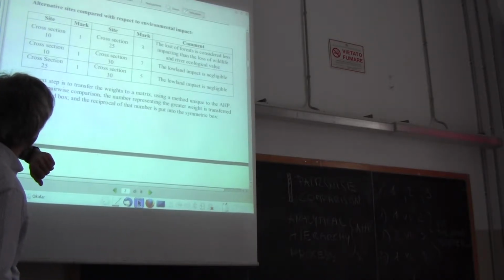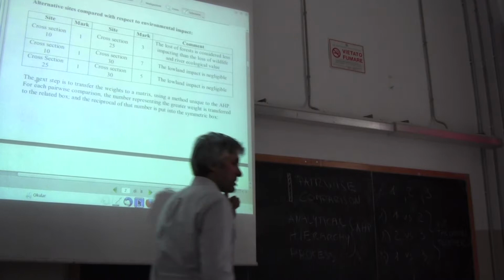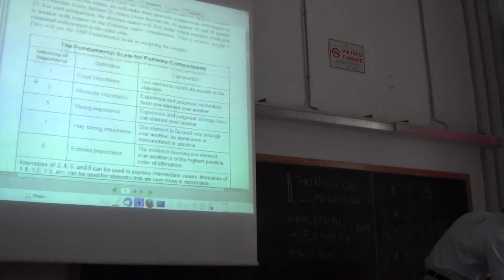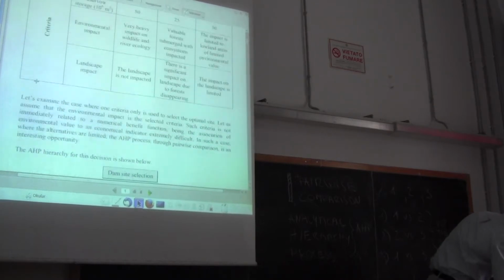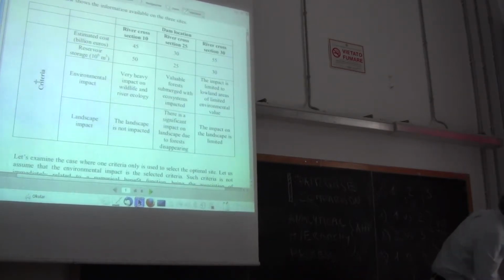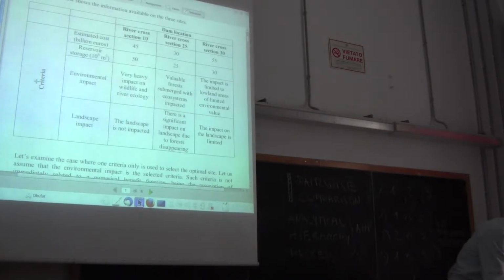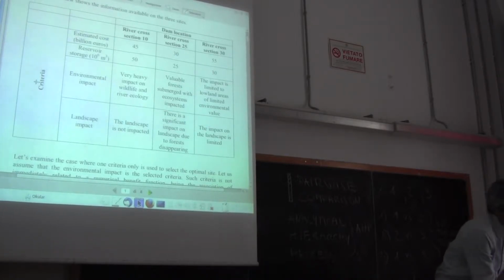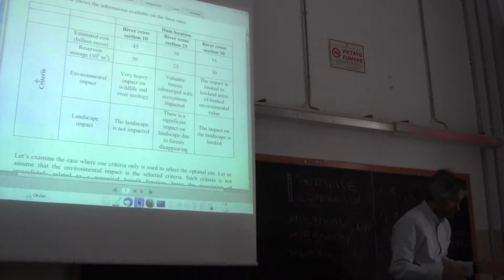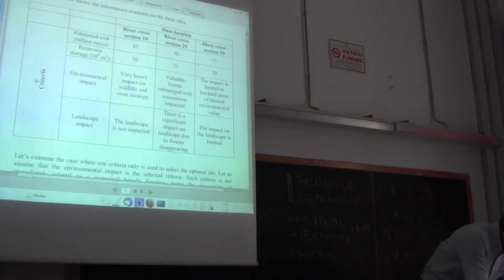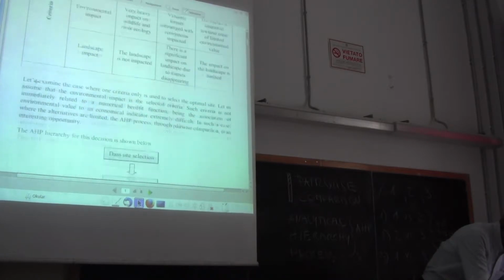Let's look at the information related to environmental impact again, and you can see it here. Cross-section 10 is very impacting, cross-section 25 is in between, and cross-section 30 is the least impacting. Okay? So this is what we wanted to say.